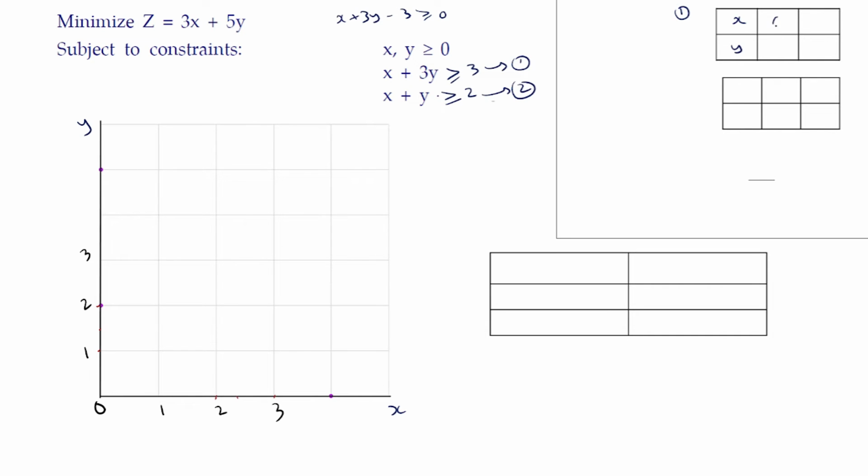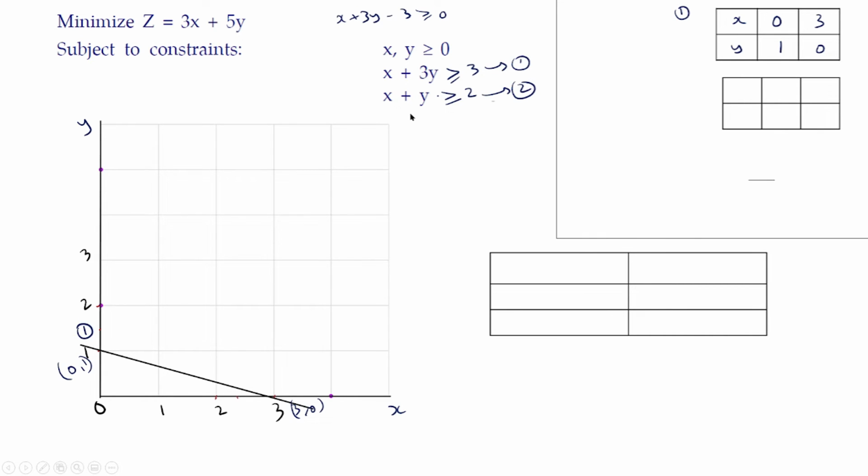Now when x is 0, y is 1, and when y is 0, x is 3. So we have 0, 1 here and we have 3, 0 here. Now if we draw a line joining 0, 1 and 3, 0, we will get the line x plus 3y equal to 3. So this is the first one.